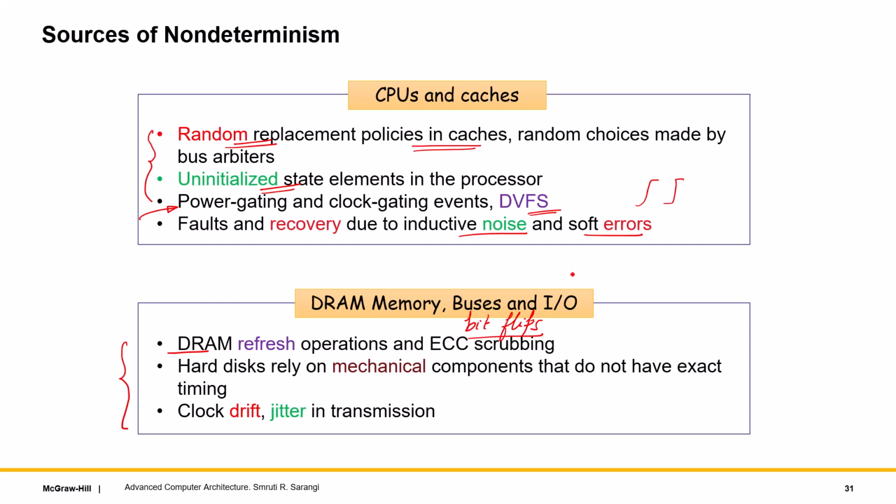a non-deterministic figure. Again, when we access I/O like hard disks, they use mechanical components and will take different amounts of time. And furthermore, even when I'm transmitting data from one end of the chip to another, using any kind of internal on-chip bus technology, be it HyperTransport or whatever, it typically uses a source synchronous bus.